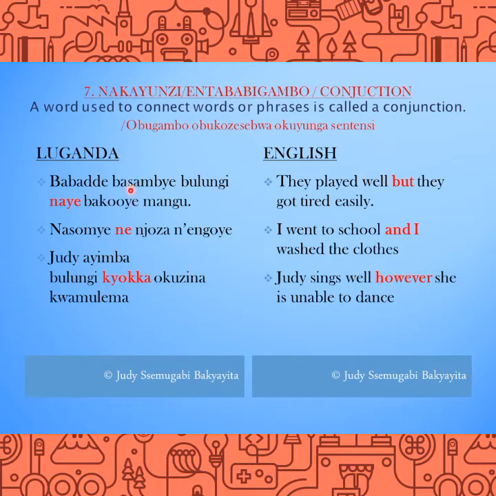So in this sentence, naye is adding those 2 sentences to make it one. Naye, ye, nakayunzi, oba entaba bigambo. Babadde basambye bulungi naye bakooye mangu. They played well, but they got tired easily.